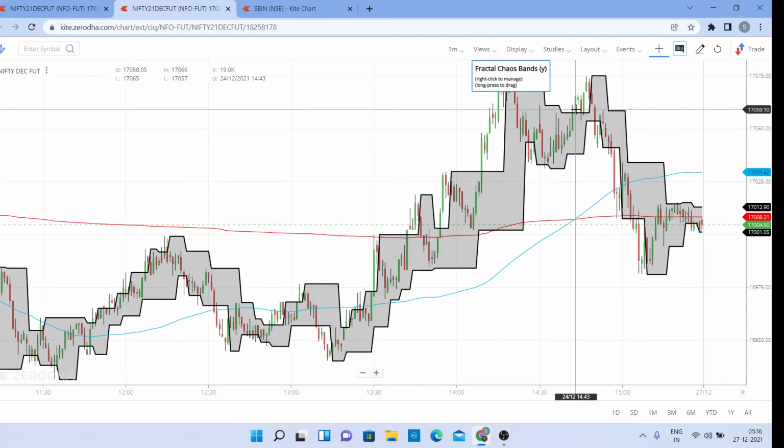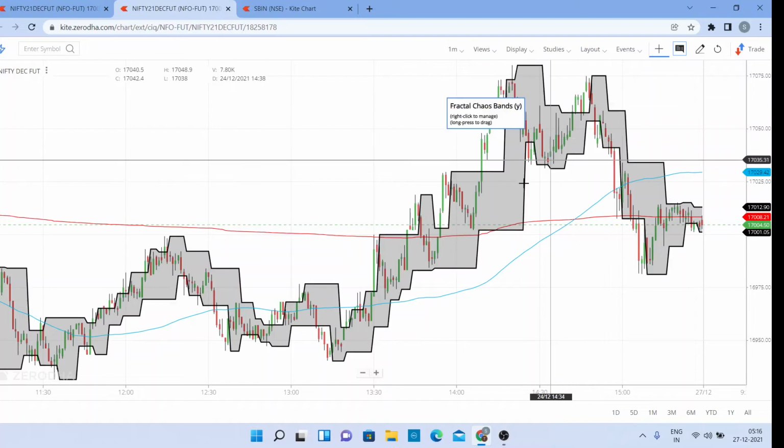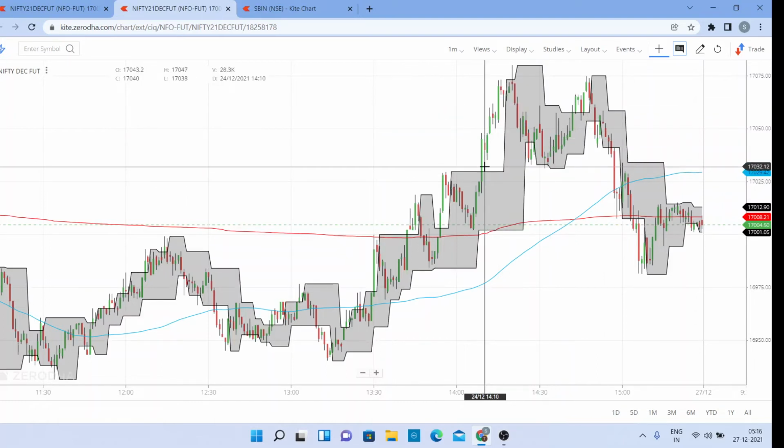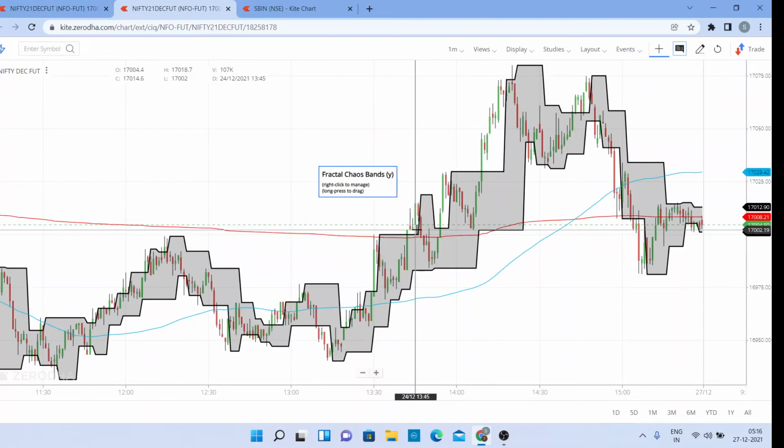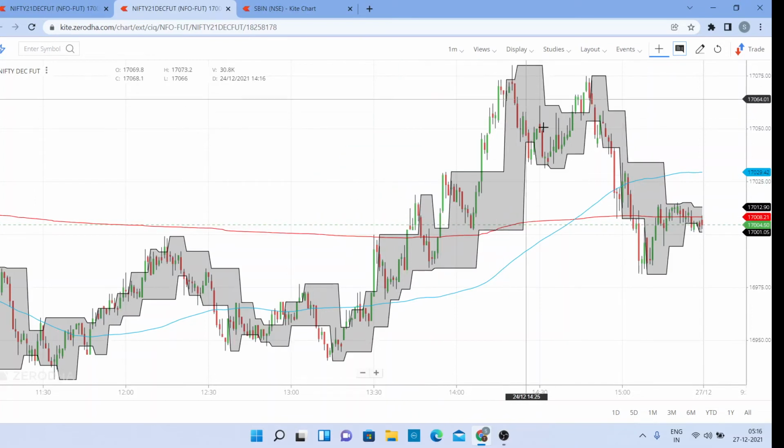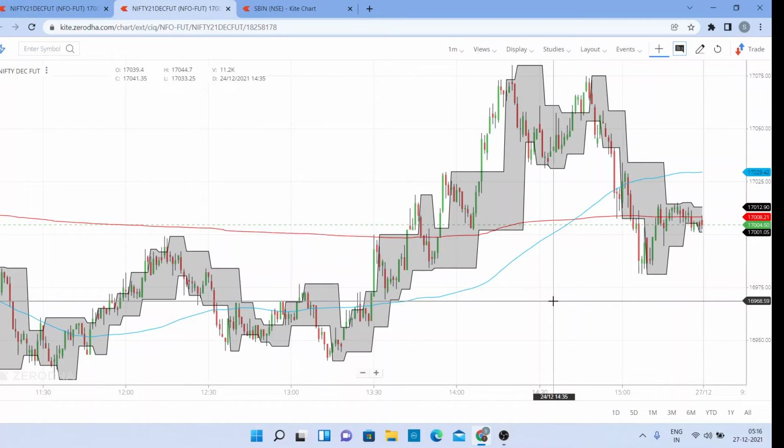So I prefer not to enter the trade here, because I would already have taken an entry in this position, right? So I'll be trailing the stop loss in this case. It's a very effective method, and since it's a scalping technique, you can look at multiple trades on a single instrument during the day.